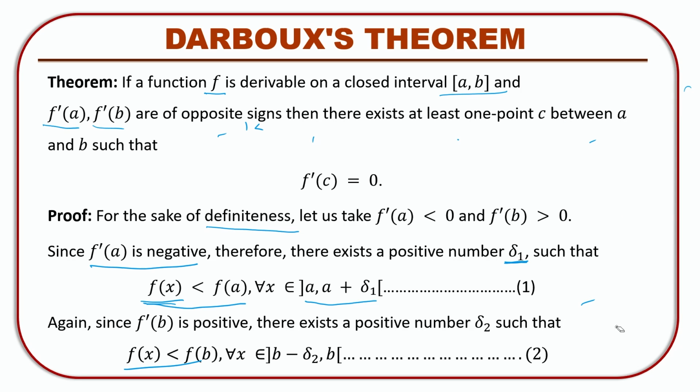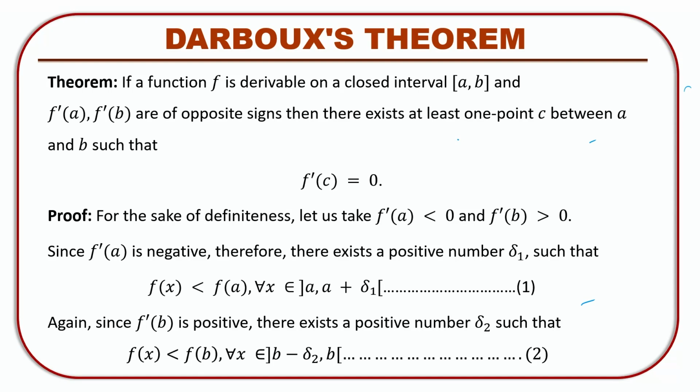Darboux's theorem is applicable where you find out whether there is a function which is differentiable in the whole interval, or whether it is possible or not, and it is also applicable where you have to show that for a different value there exists a number c such that f'(c) is equal to that number, right?